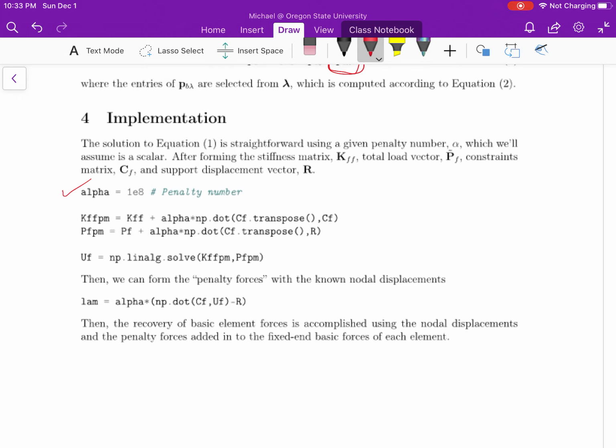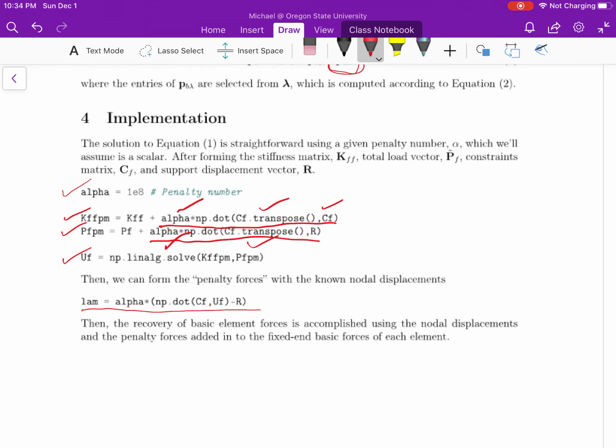And then just form KFF and PF for the penalty method by just adding on the penalty terms: alpha times CF transpose times CF, and then alpha times CF transpose times R, and then solve for the nodal displacements. Then we can recover the penalty forces with this expression for lambda.